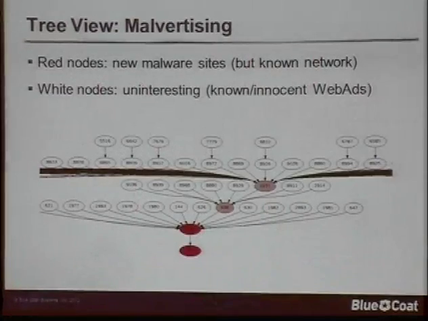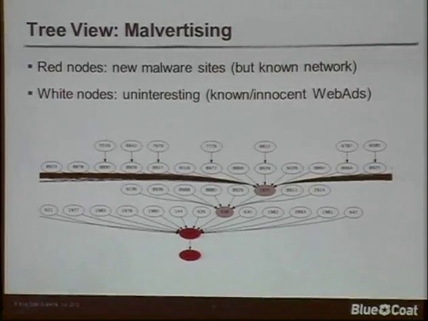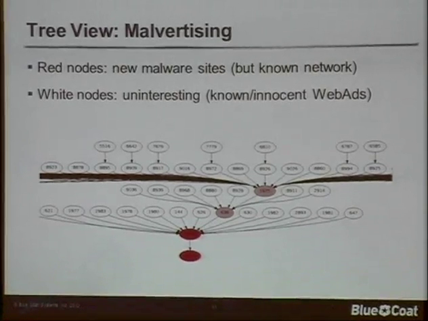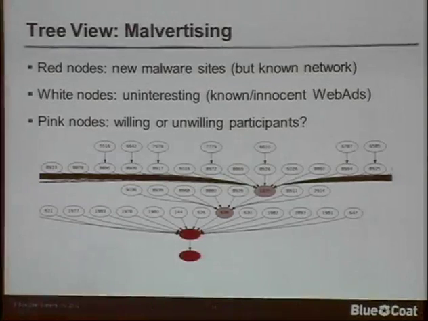So we started to create kind of a tree view, flowing from top to bottom the paths. We can see all these domains and URLs funneling into this single point. Visually, we can say, you know what? That's something interesting. What is that pink node? Is that pink node a willing participant? Is that pink node an unwilling participant? What we found out was this node was an unwilling participant.